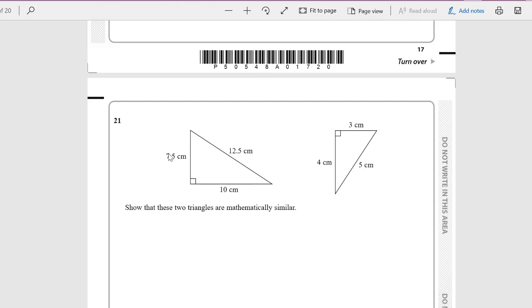Question 21, show that these triangles are mathematically similar. Okay, so let's take, if we say that, for instance, those are the angles.